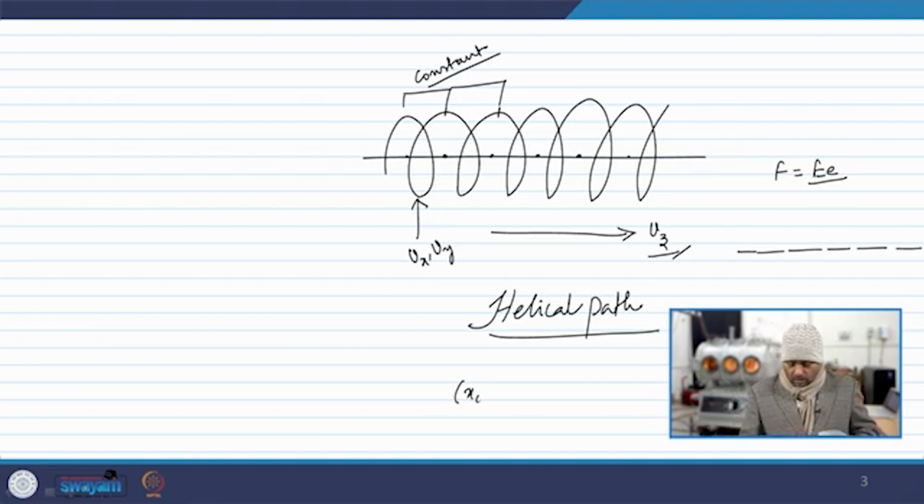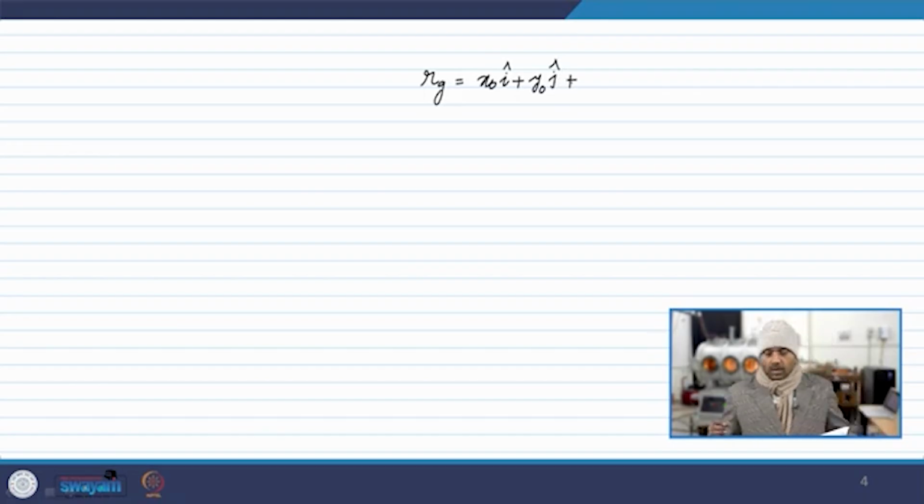Now, about x0, y0, which is the guiding center, let us say. Using x0, y0, we can write the position of the guiding center, because the guiding center is also moving, right. So the position of the guiding center can be written as Rg is x0 along i cap plus y0 along j cap plus, you see, the linear motion of the particle is not in the direction of x nor in the direction of y, it is in the direction of z, right.